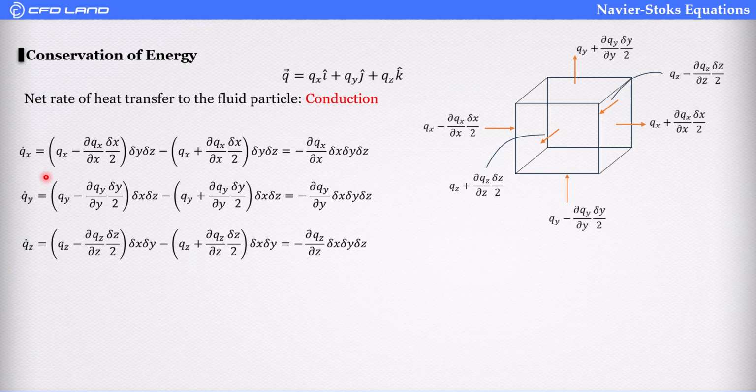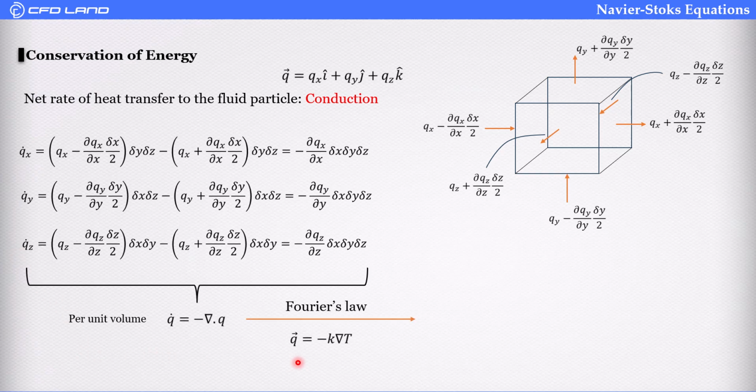And as with the others, heat transfer is the same. We can use Fourier's law to rewrite our equations. Heat transfer equals minus K gradient T. And when we replace it into the equation, we have gradient dot K gradient T.